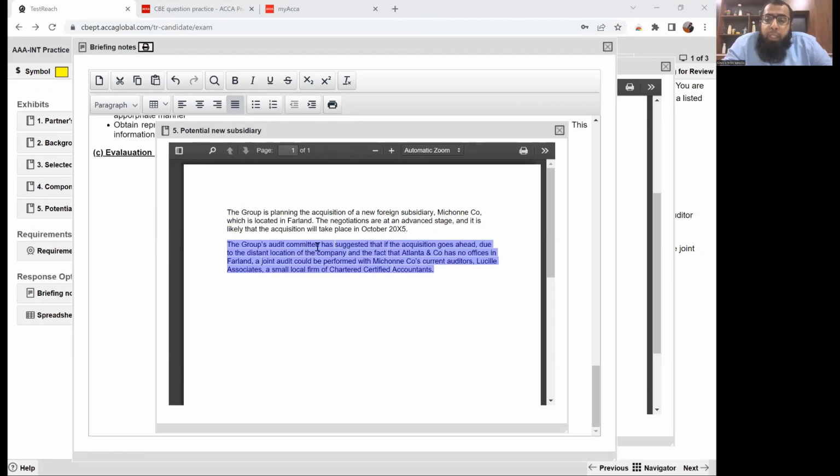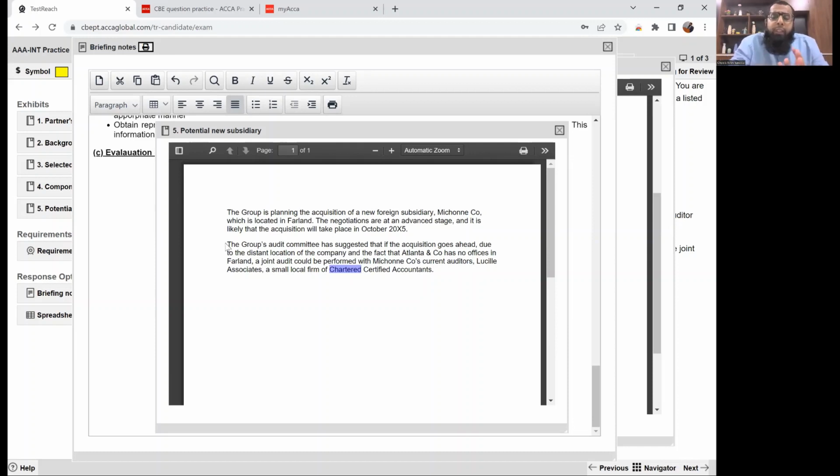Now, the Group Audit Committee has suggested that if the acquisition goes ahead, due to the distant location of the company and the fact that Atlanta company has no offices in Farland, a joint audit could be performed with Mikon company's current auditor, Lucille Associates, a small local firm of chartered certified accountants.